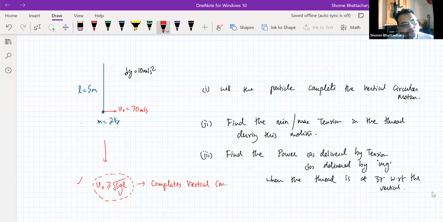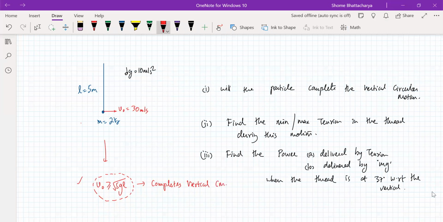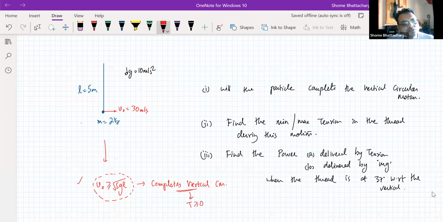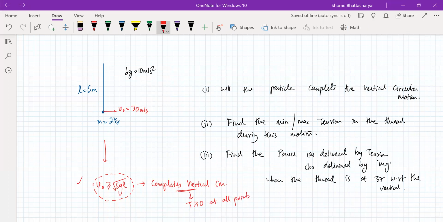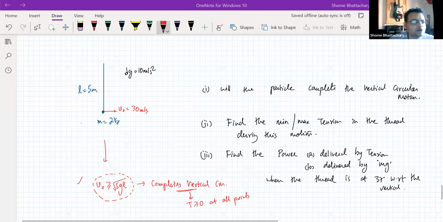Yes, sir. Okay, so what is the condition for this now? Between root 2GL and root 5GL, the tension is greater than or equal to 0 at all points, so the string does not slacken, right? Now let's compare. How much is our L? 5 meters here.